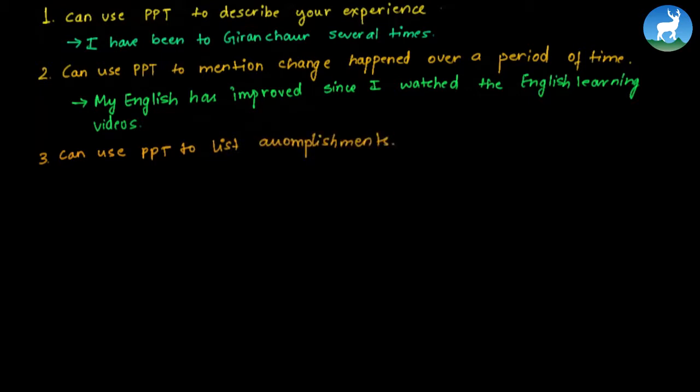Here, the accomplishments could be individual or group accomplishments. For example, doctors have cured many fatal diseases. So this is an accomplishment, that doctors have cured so many fatal diseases by now.